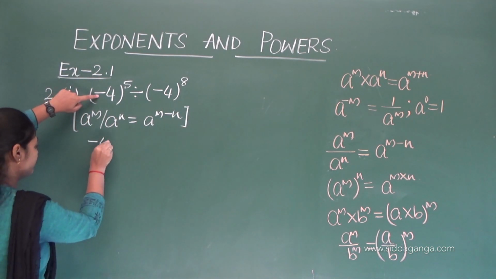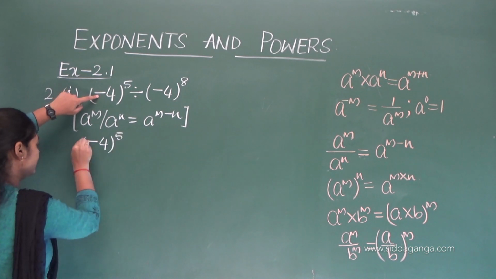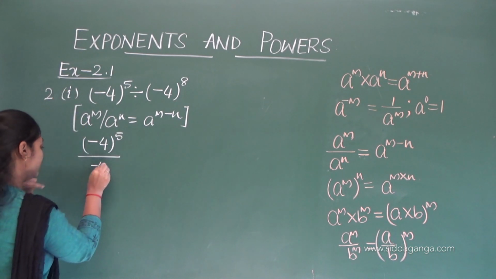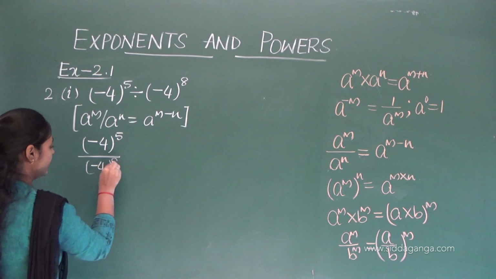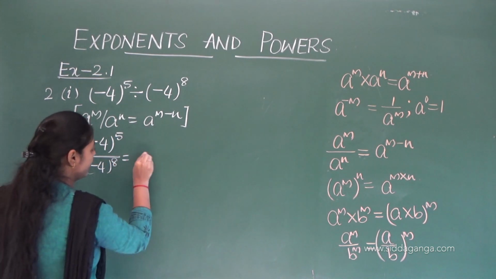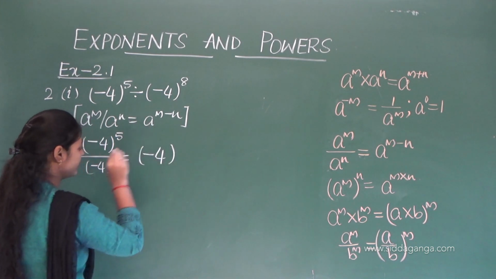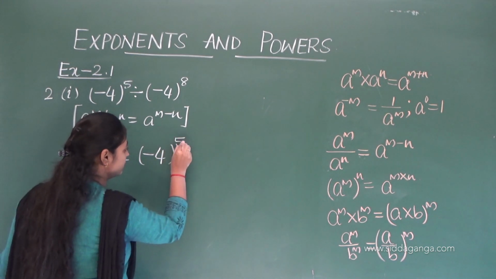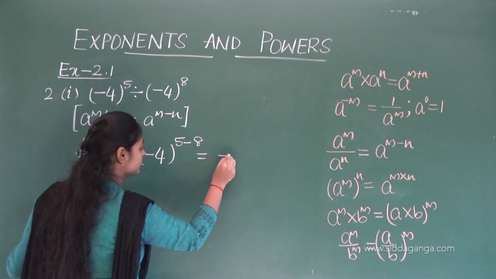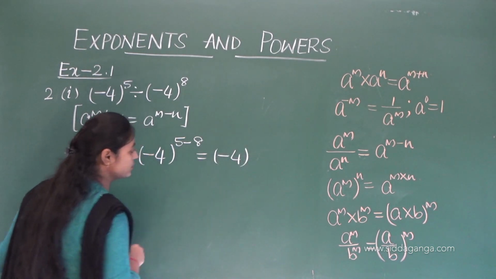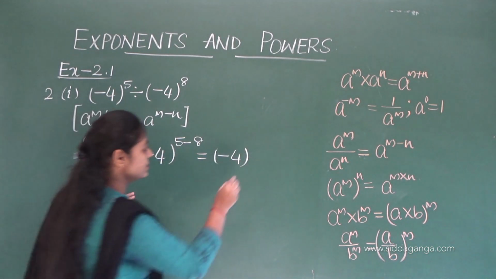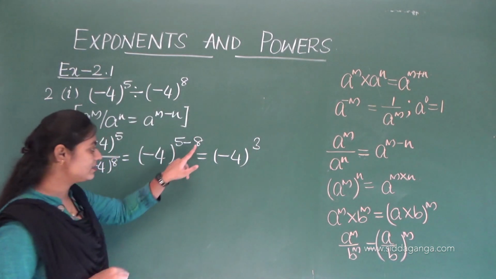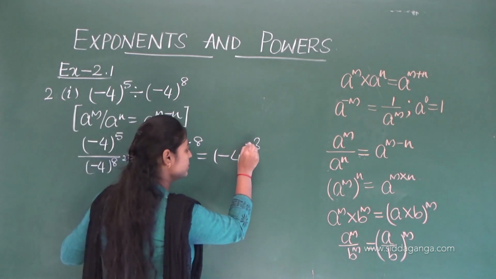So, minus 4 whole raised to 5 divided by minus 4 whole raised to 8 is equal to minus 4 whole raised to the power of m minus n, which is 5 minus 8. That is equal to minus 4 whole raised to the power of 5 minus 8 is 3, the highest number is 8. So the sign is minus 3.